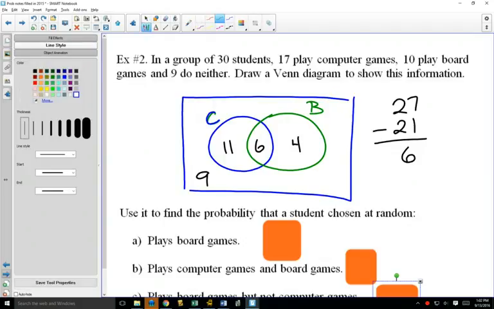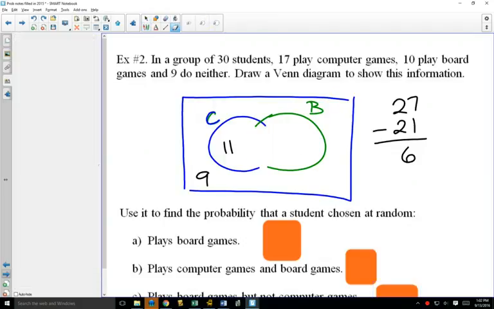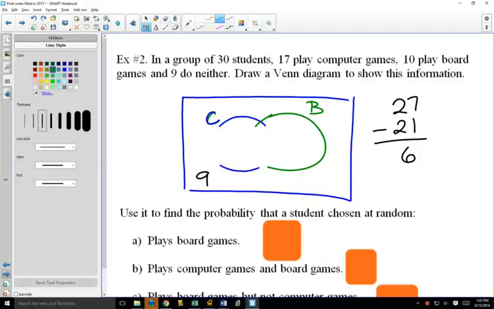If you have this, here I'll just erase. If we know 9 on the outside, and we know that all of this is 10, how many are left for this part? 11.